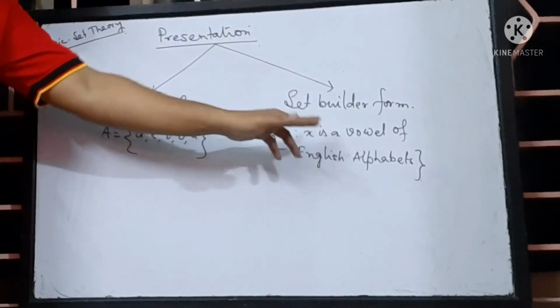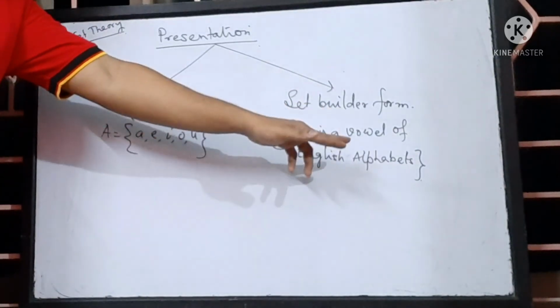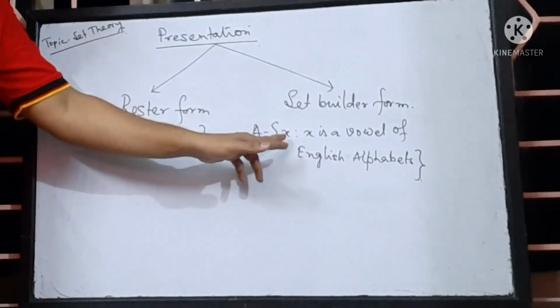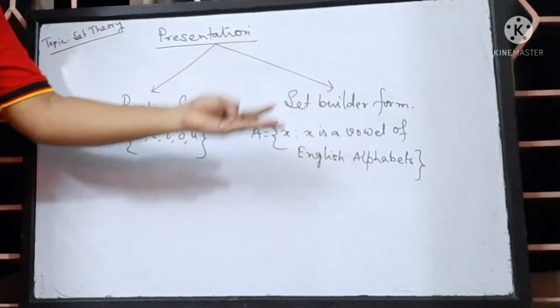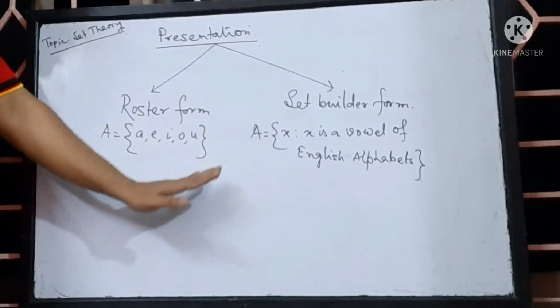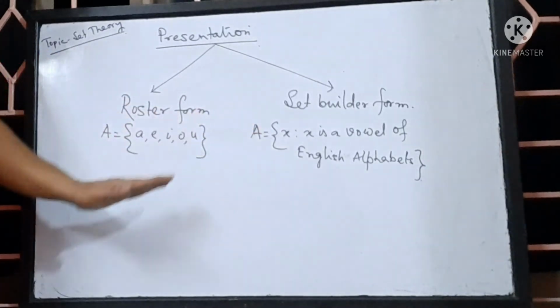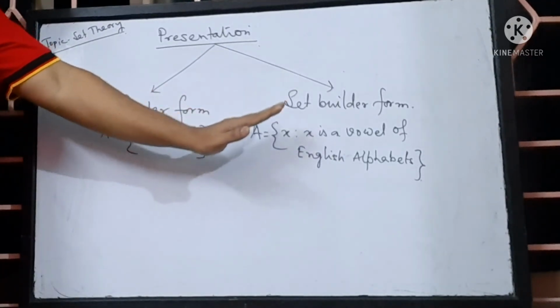X follows this rule: x is a vowel of English alphabets. Which x? Who are vowels? That is A, E, I, O, U. So these are two presentations of a set, one in roster form, the other in set builder form.